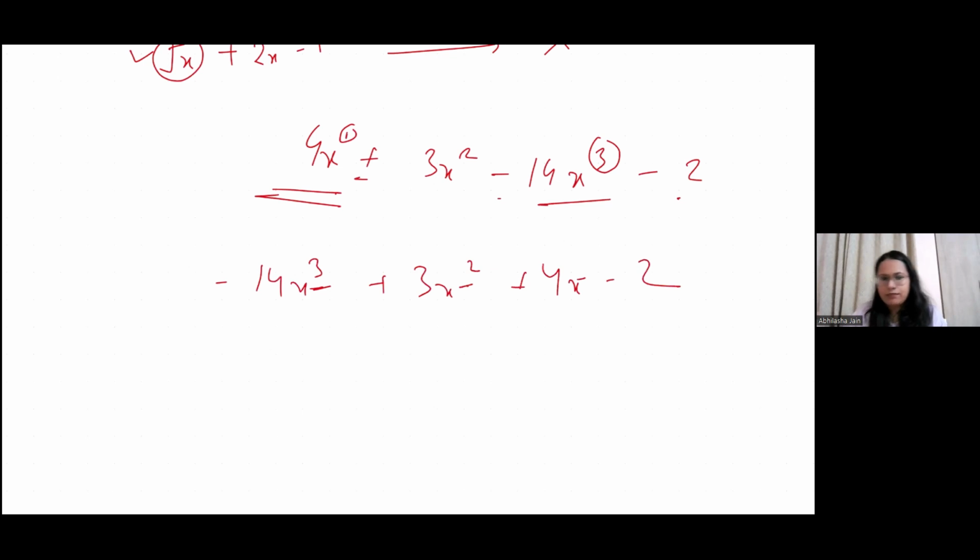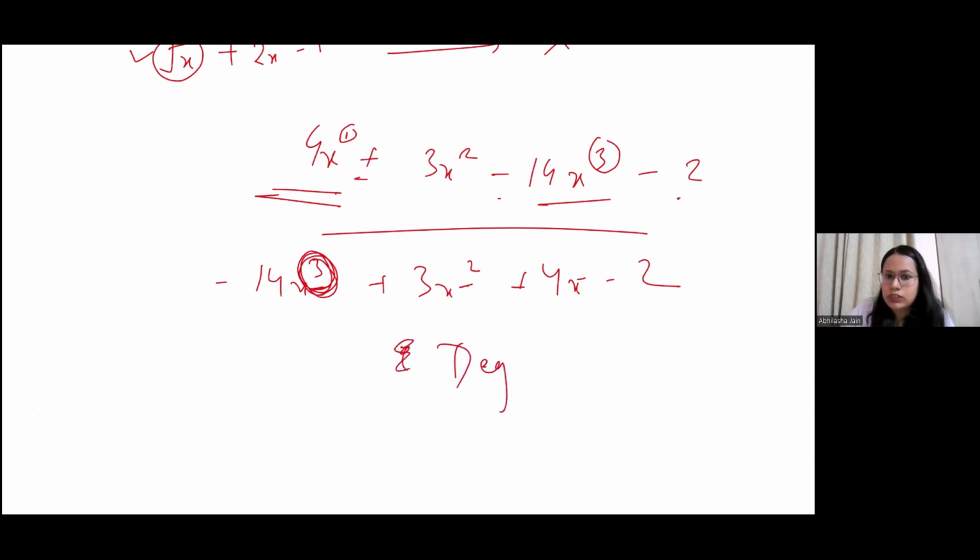But in the exam, just to confuse you, they might even jumble this so that you have to focus on what you're looking for. Since the highest power of this equation is 3, the degree of this polynomial is 3.